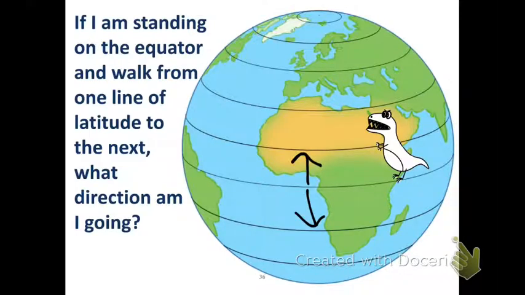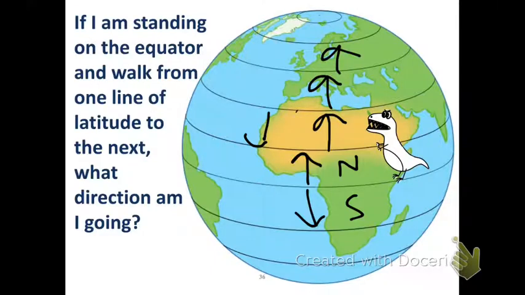AKA, I'm going to travel north and I'm going to travel south. So latitude lines are going east to west, but you travel between them by going north or south.